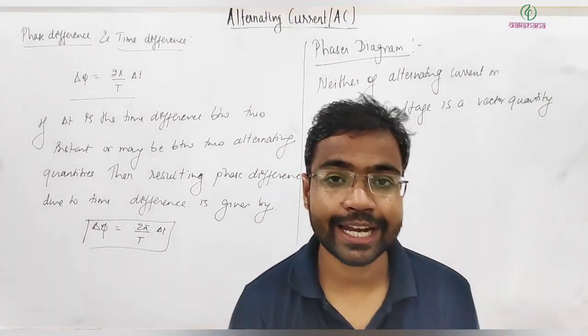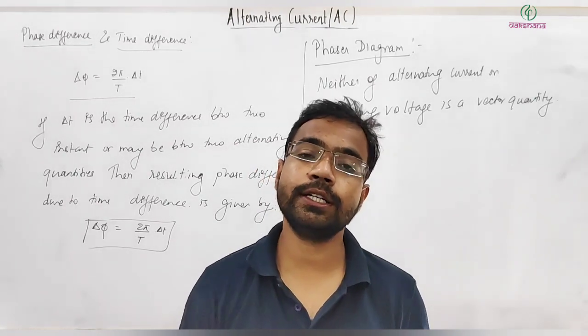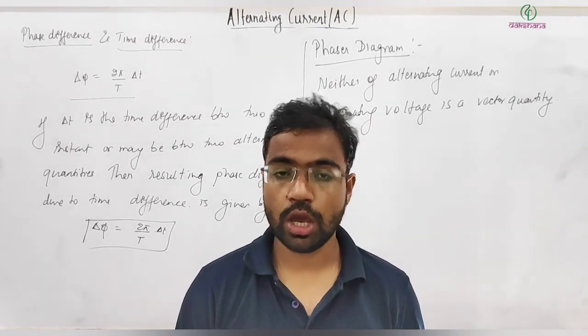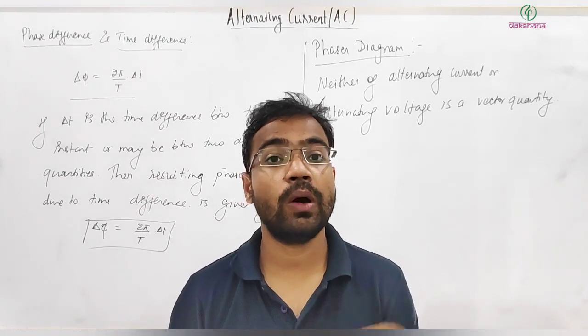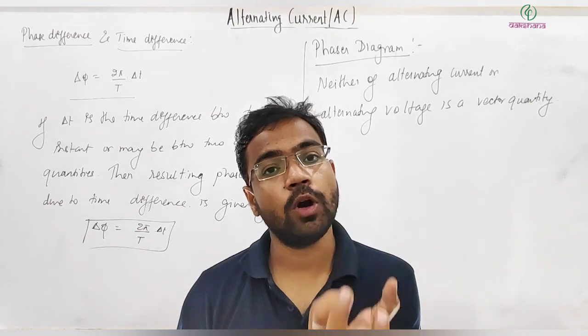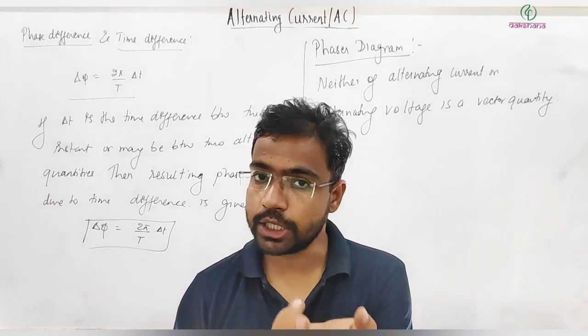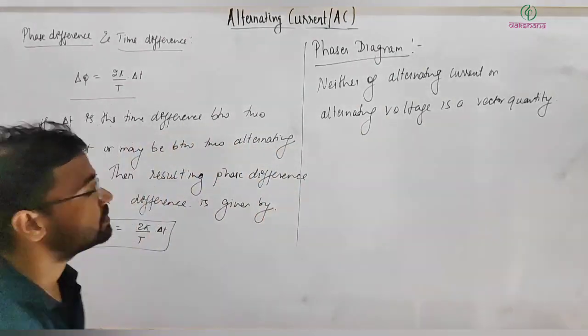Phasor diagram is a representation of alternating current and voltage as a rotating vector, or as a vector with angle between them, which is equal to the phase difference. Let me write the definition properly.